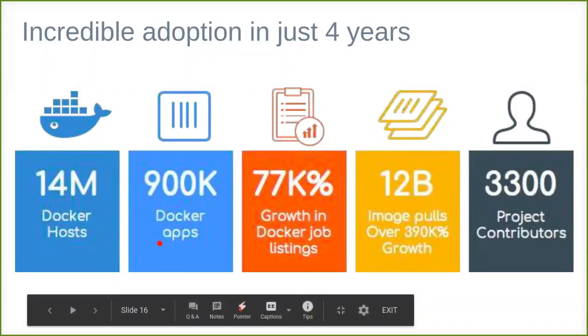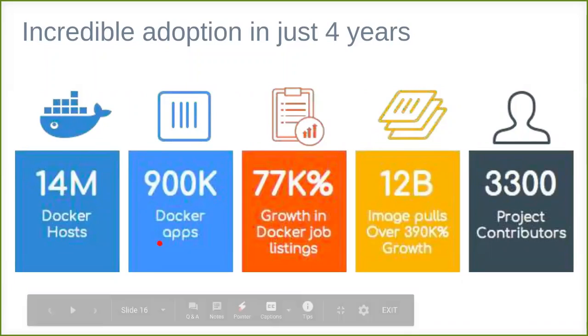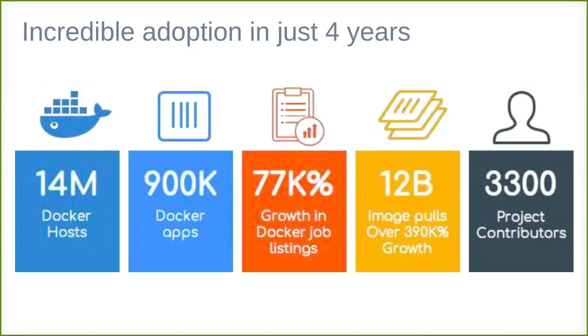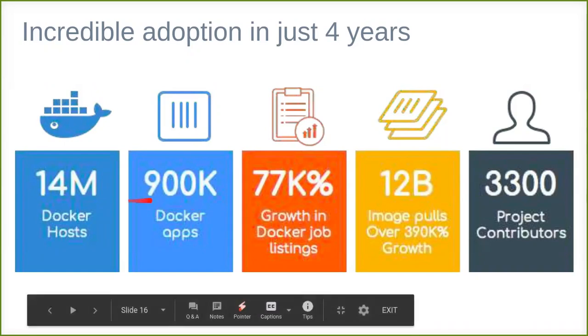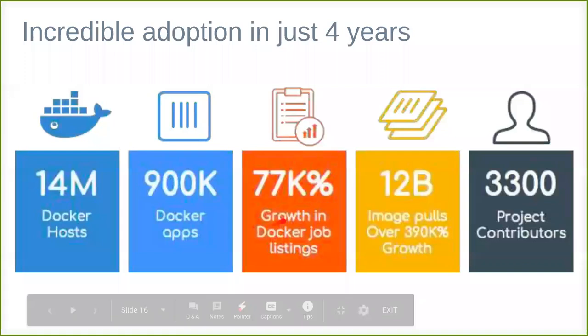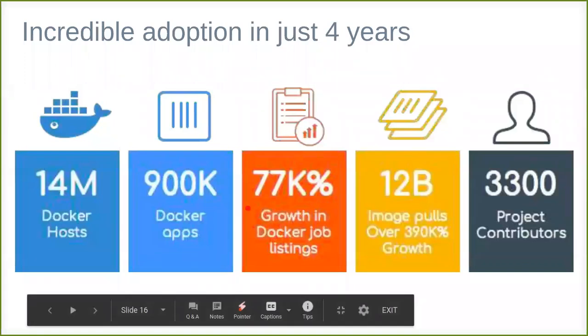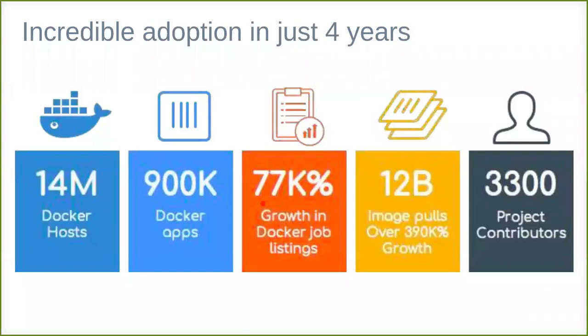Any app we can dockerize and containerize and use, like Facebook, Google, anything we can just containerize and use. That's how flexible it is. More than 900k Docker applications in the early 4 years of Docker innovation. Then there is a 77k percent growth.